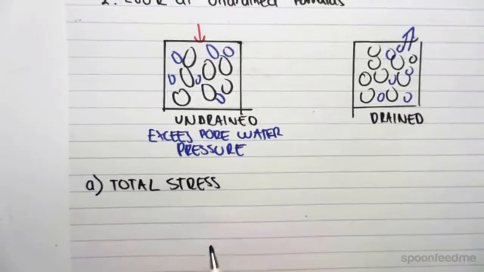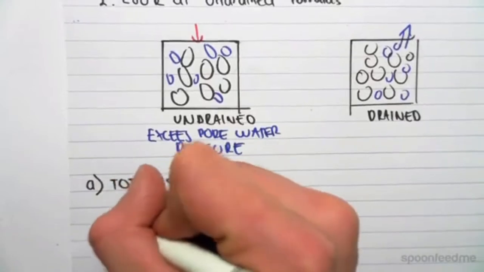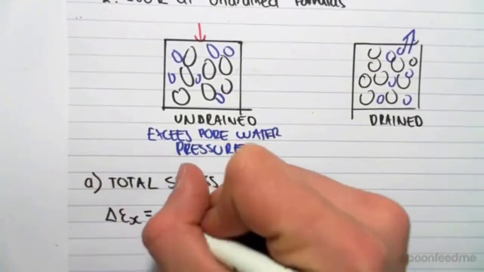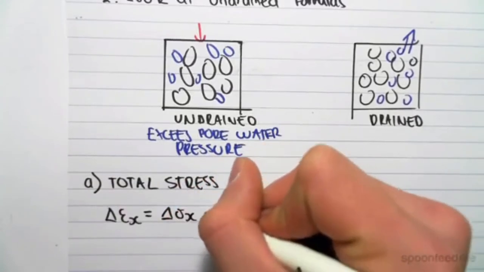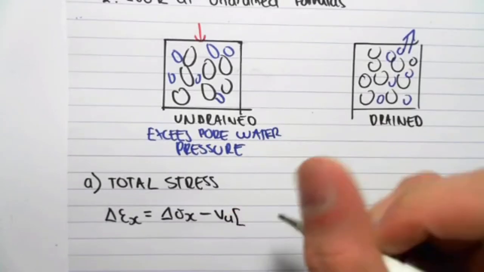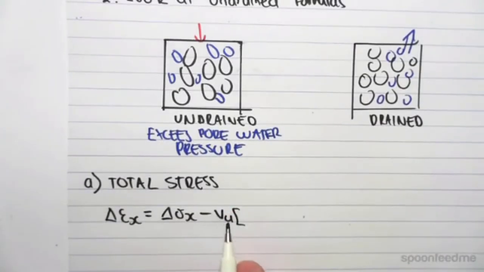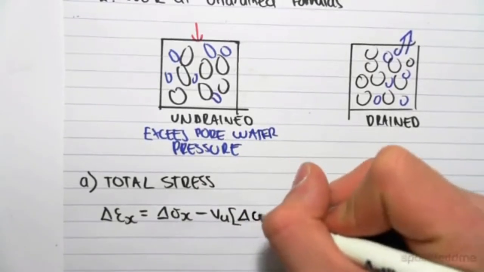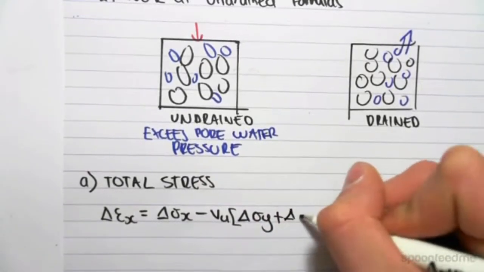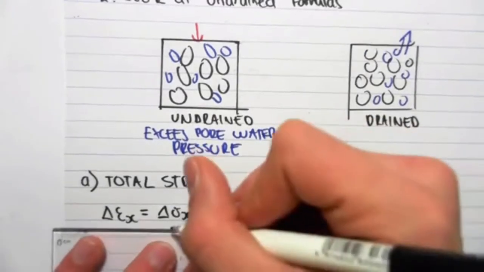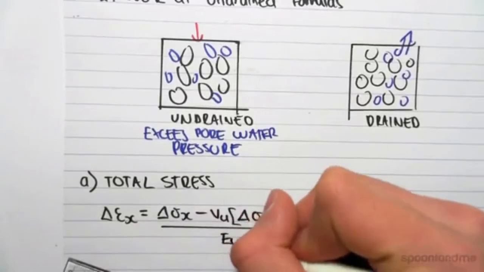So doing the total stress method first, we have the strain in the x direction equals the change in stress in the x direction, minus Poisson's ratio for the undrained value. So V subscript U denotes undrained, outside of the stress in y direction plus stress in z direction, and this is all over E_U.